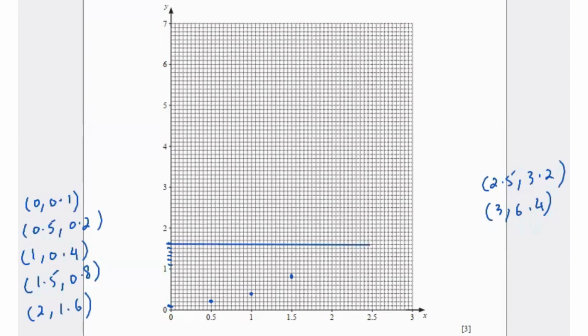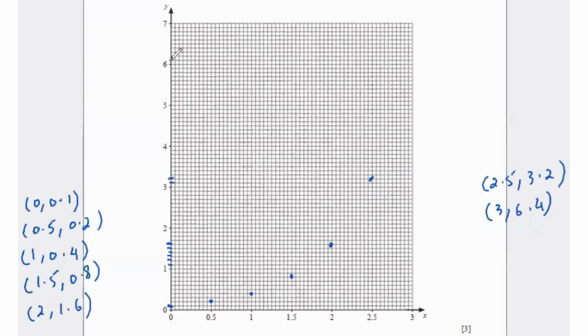So that is going to come right over here. 2 and 1.6. After that, we have 2.5 and 3.2. That's going to come over here. And 3 and 6.4.